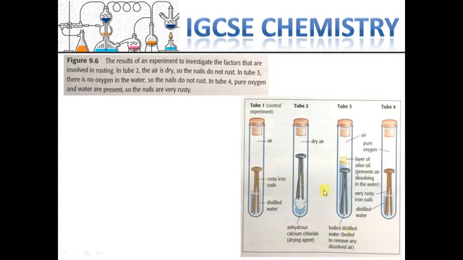In another one, like here in tube 4, there is only pure oxygen, not air, because as we know, air contains nitrogen, carbon dioxide and many other things. But if we inject only pure oxygen and distilled water, the iron nail still rusts because of oxygen. The issue is the availability of oxygen.